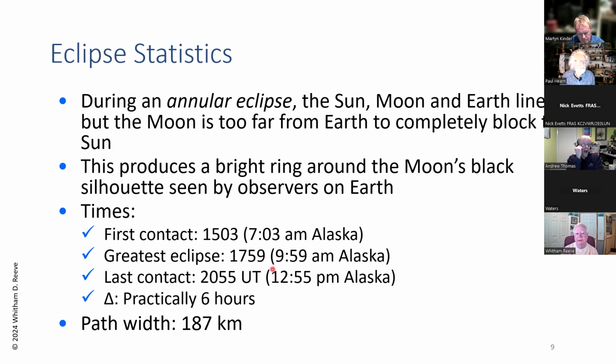The greatest eclipse, or the maximum, was at almost 1800 UTC, and the last contact was at almost 2100. So there was an elapsed time of almost 6 hours, and I set up my recordings to operate an hour before, through the eclipse, and an hour after. So I have a total of 8 hours of recordings.